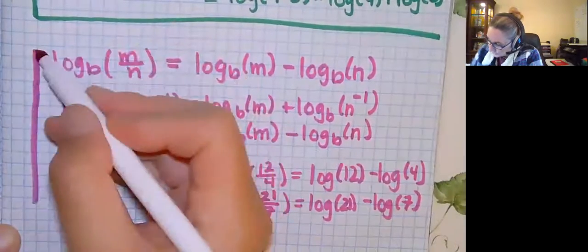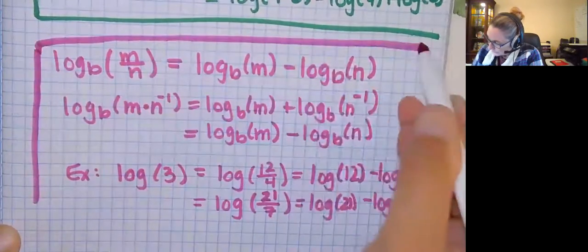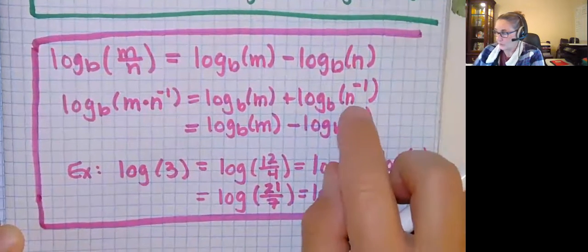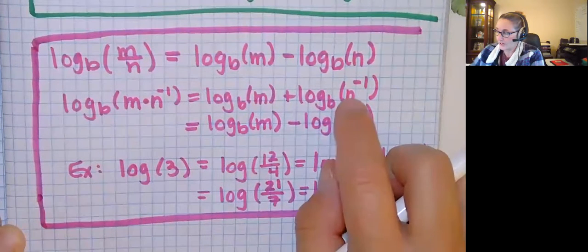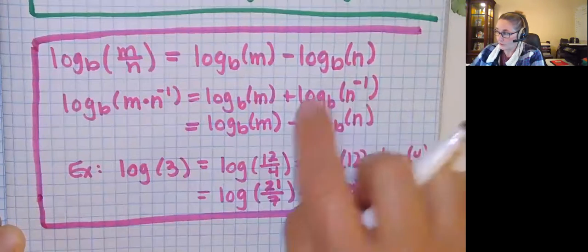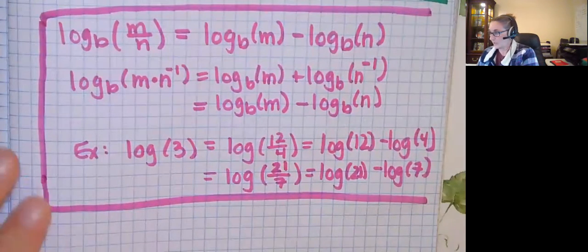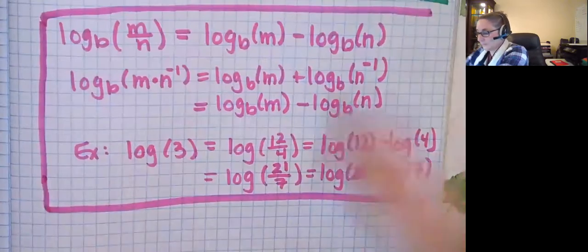And the last one of these properties that I'm going to talk about is the one I kind of alluded to right here, where I'm talking about if I have a log of something to a power, the power gets moved in front. So let me look at that one.